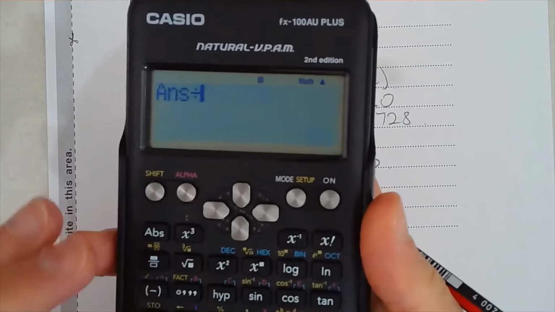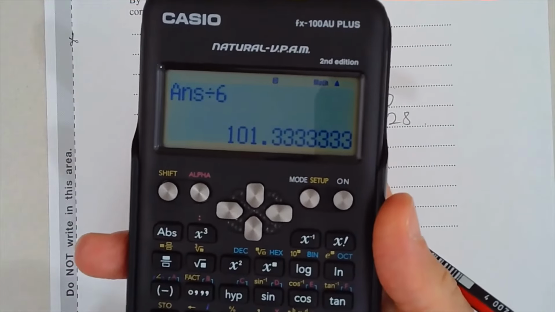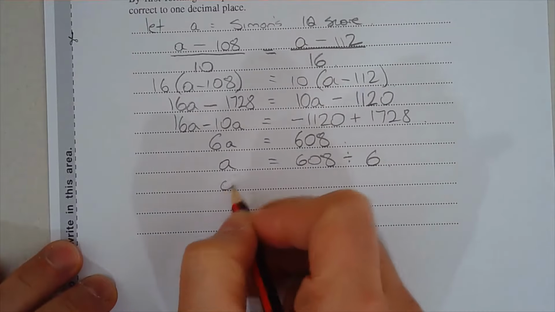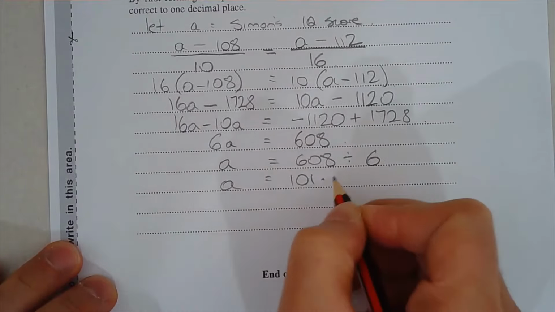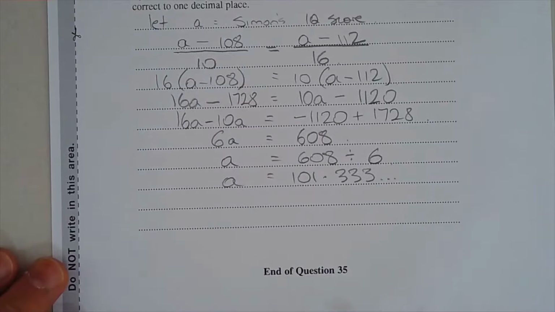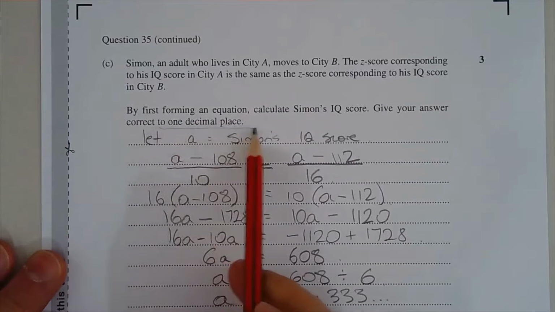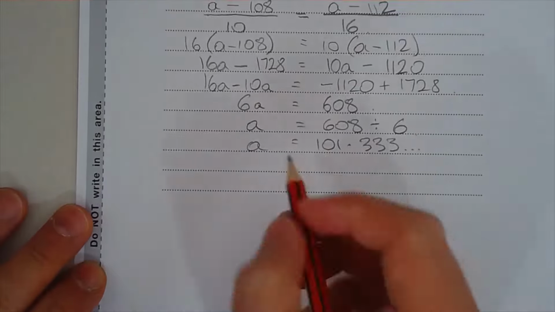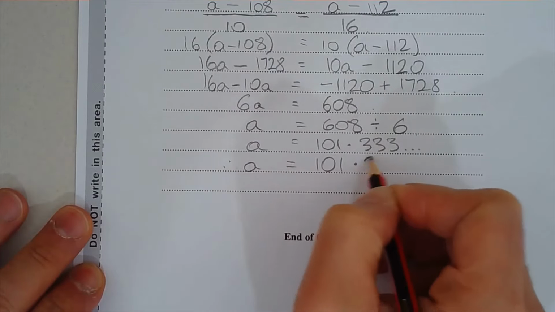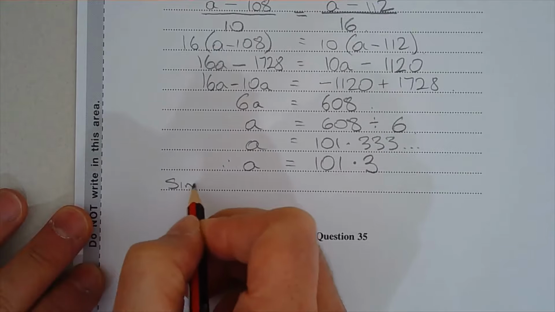Divide that by 6, and we get 101 and a third, or 0.333, and it carries on there. It says correct to one decimal place, so let's enter to one decimal place. Therefore, A is equal to 101.3. So Simon's IQ is 101.3.